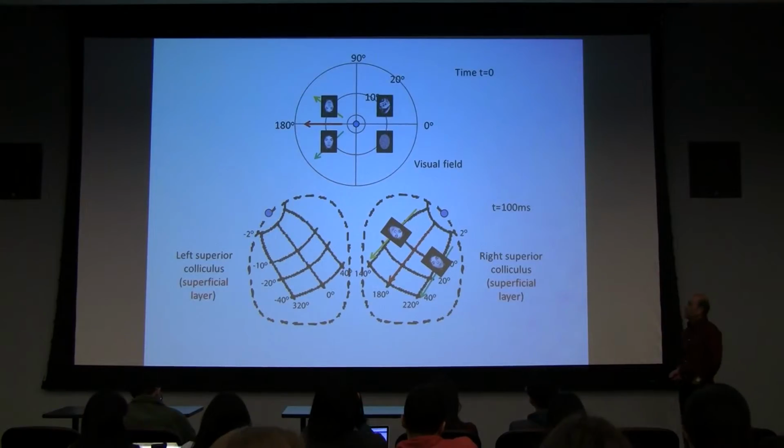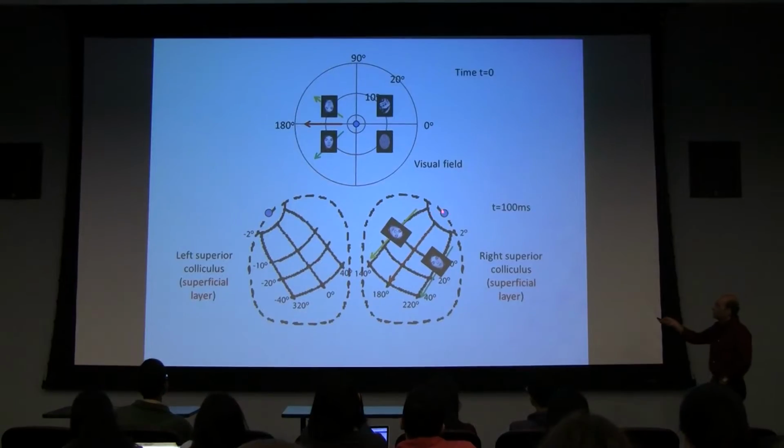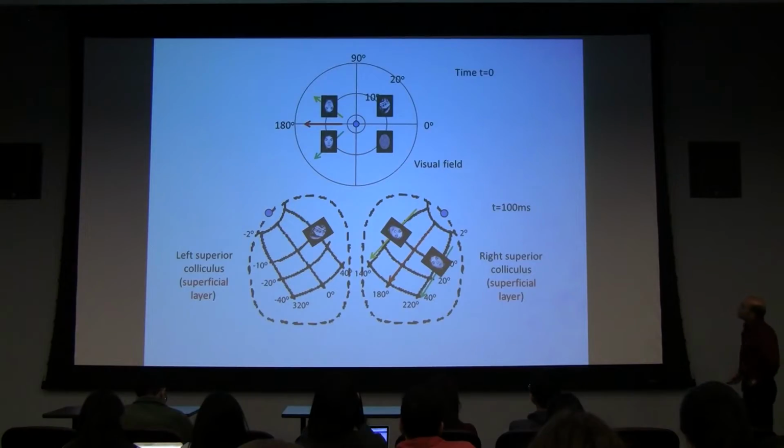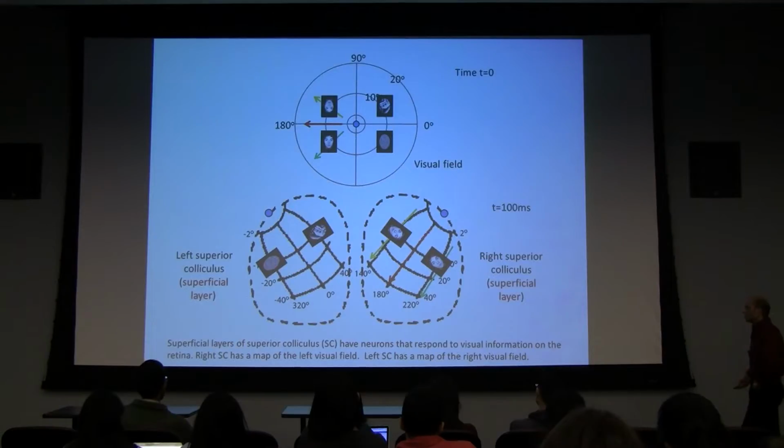On the other side, we have the left colliculus. It also has cells that care about what's happening at the fovea. So this blue dot would appear on both of these maps. And then I guess it's the bench would appear there and the noise would appear there. So in these top layers of the colliculus, we have this map of the visual space.